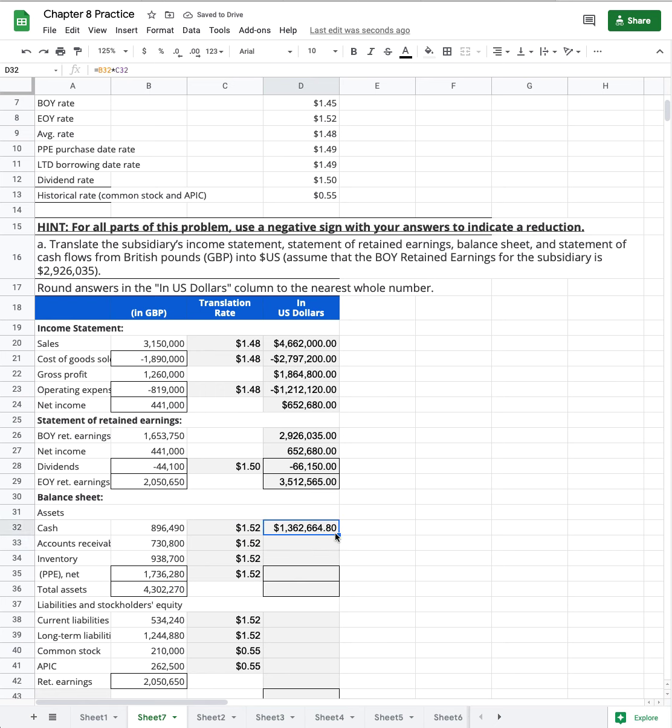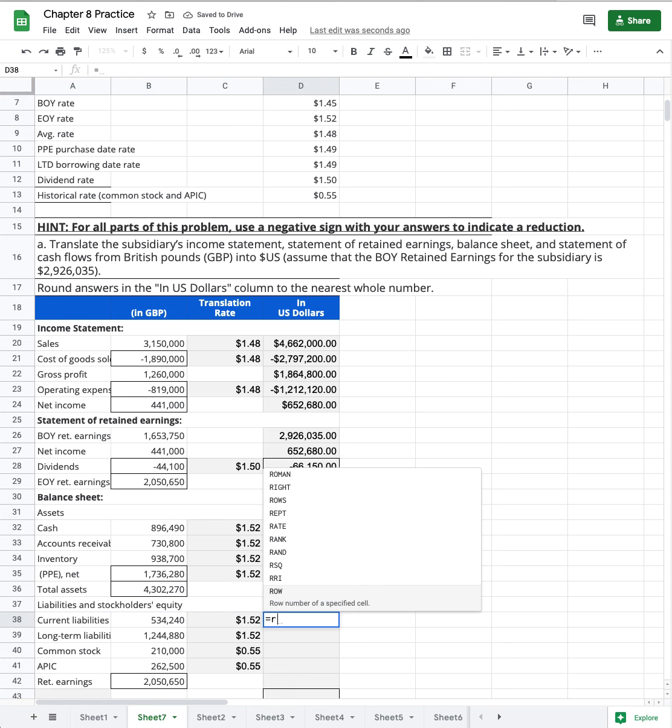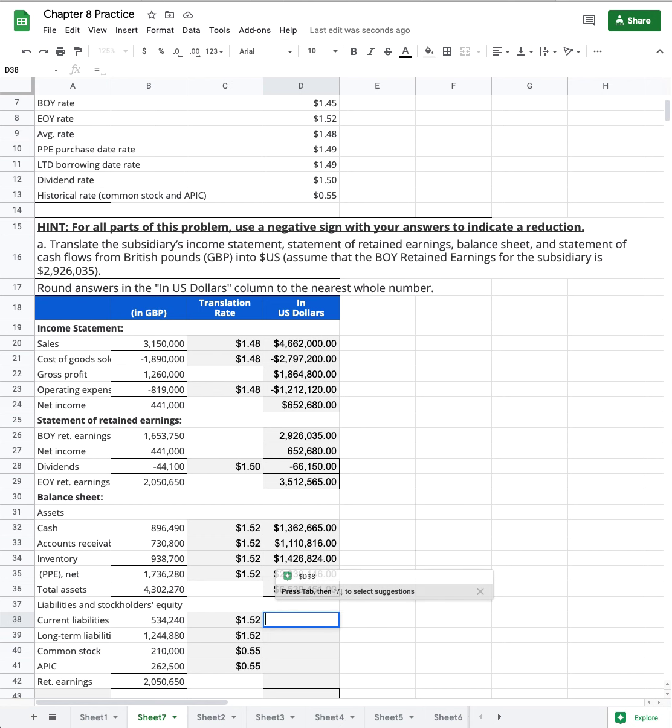And so we'll multiply those together, and I should have used the round function. And then we will do a sum to get the total assets. And then same thing, actually we can just copy and paste this formula down.